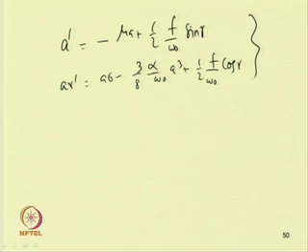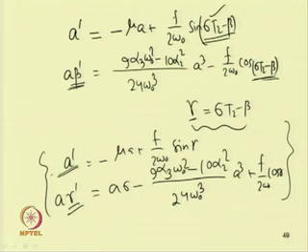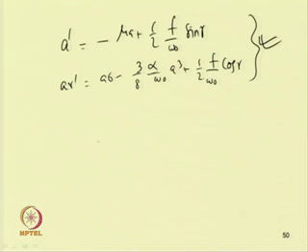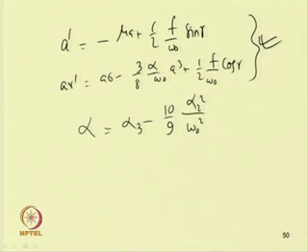This is for the Duffing equation with cubic nonlinearity for a similar type of oscillation. Comparing, one can note that this alpha can be substituted by alpha 3 minus 10 by 9 alpha 2 square by omega 0 square.